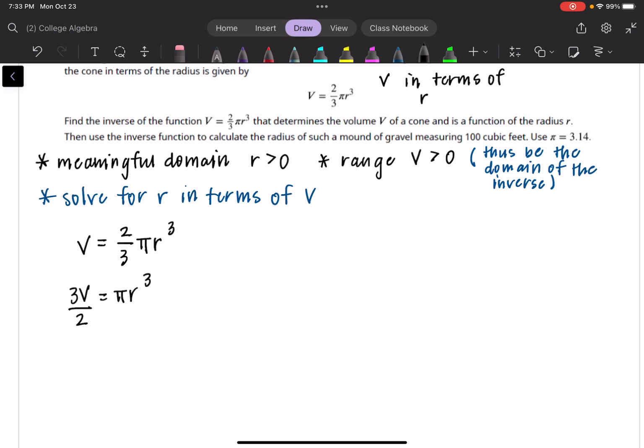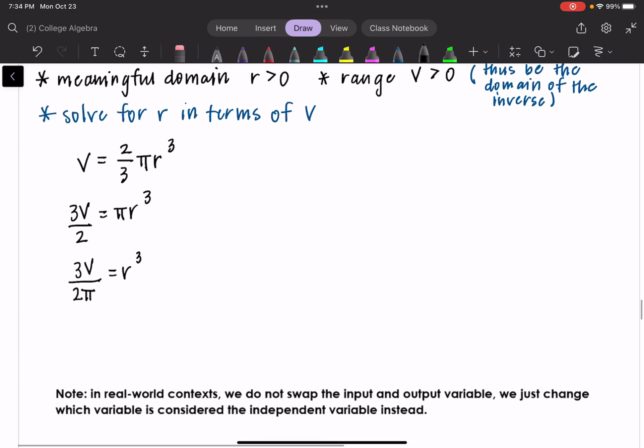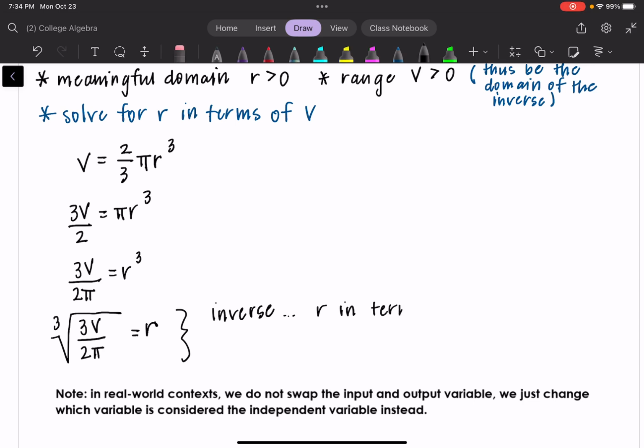I'll divide both sides by pi, and I'll have 3v over 2 pi equals r cubed. And remember, to resolve that cube, I'm going to take the cubed root, or the third root of the left-hand side, and I'll be left with r. And here is our function r in terms of v. And so this is the inverse, and that is actually r in terms of v.